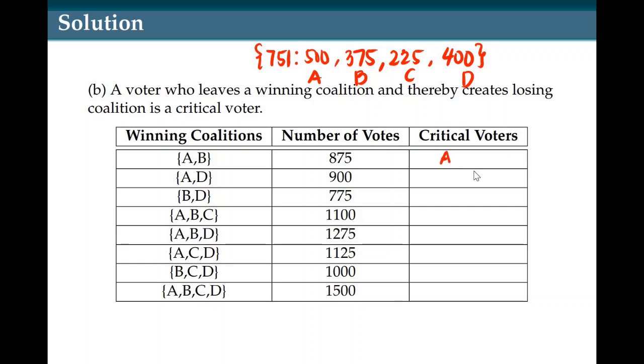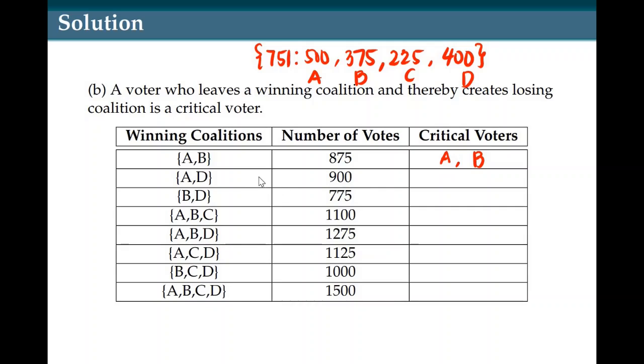So voter A is a critical voter. And if voter B leaves the winning coalition, this will also be a losing coalition. So both A and B are critical voters for this winning coalition.